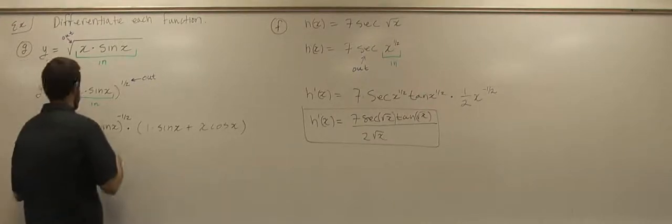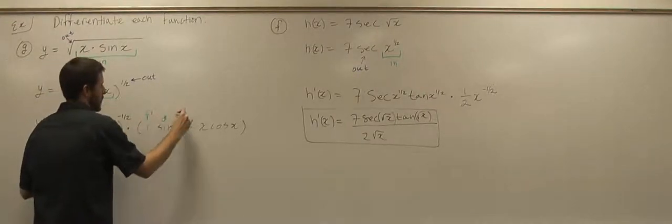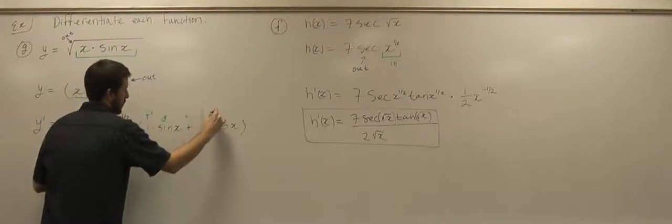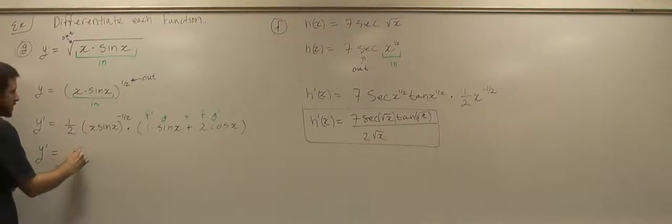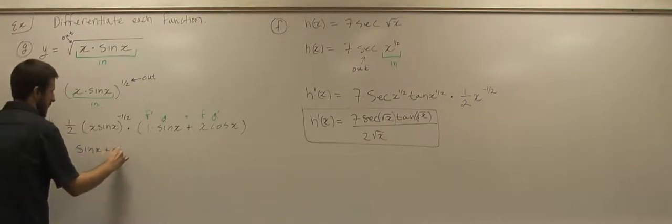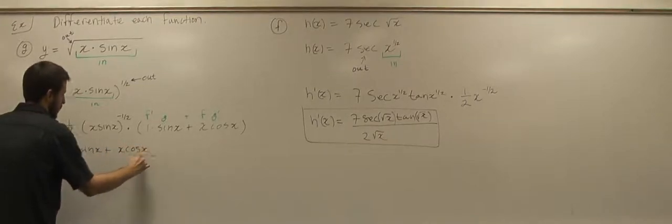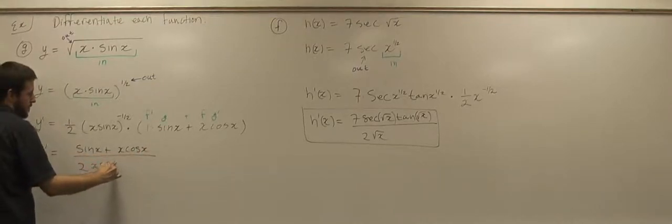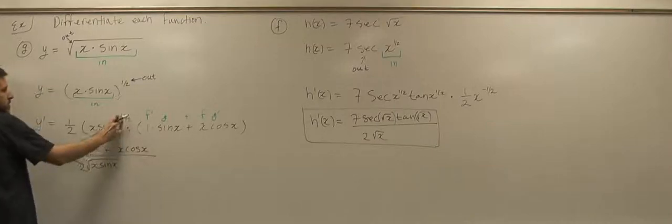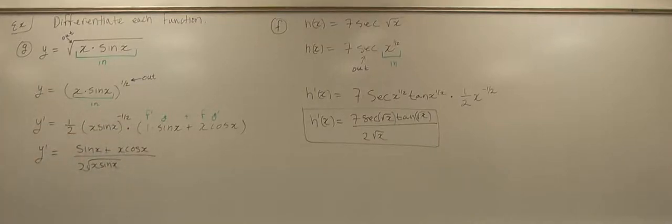So this guy is f prime g plus f g prime. Yeah, so y prime equals sine x plus x cos x over 2 root x sine x, right, this guy goes to the bottom and there's a 2 on the bottom.